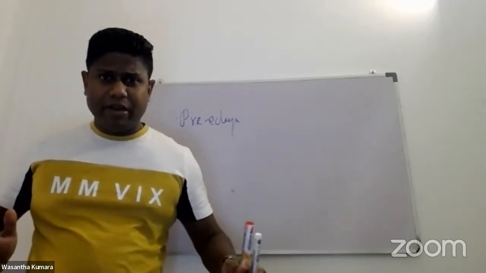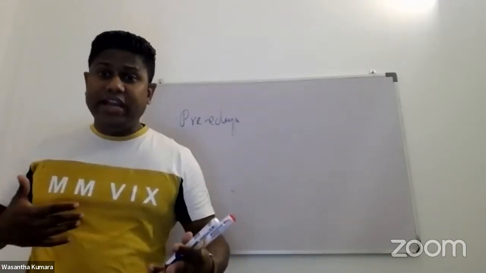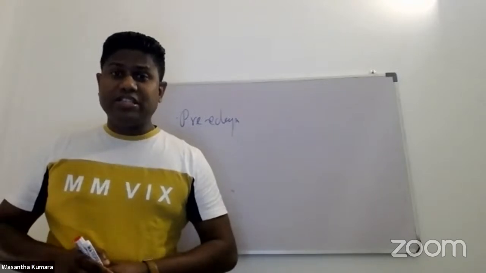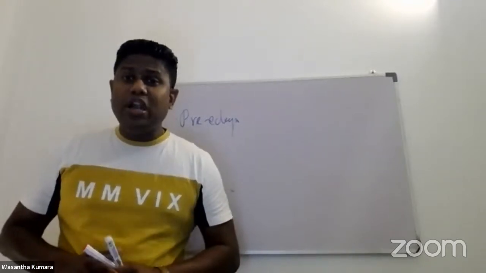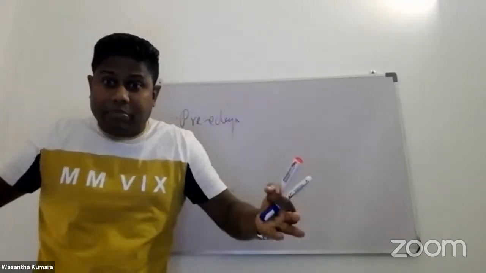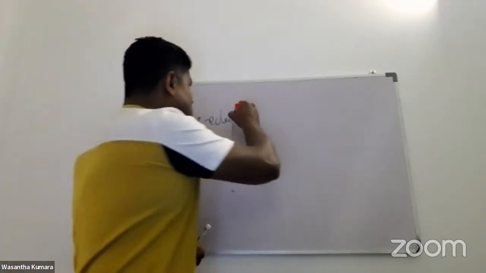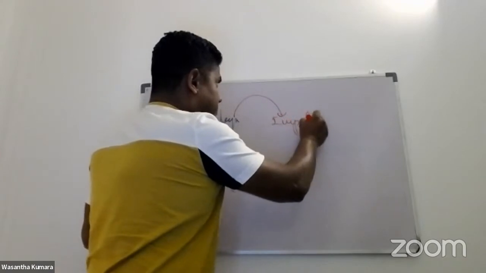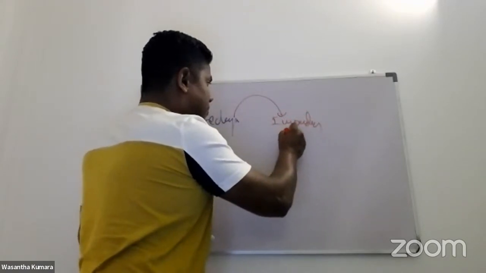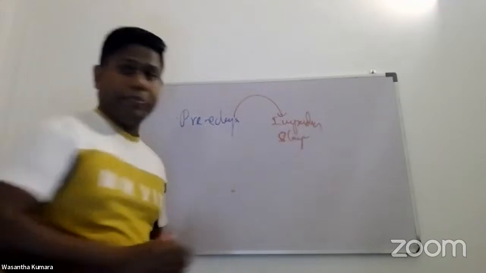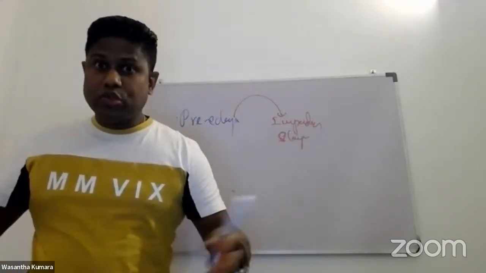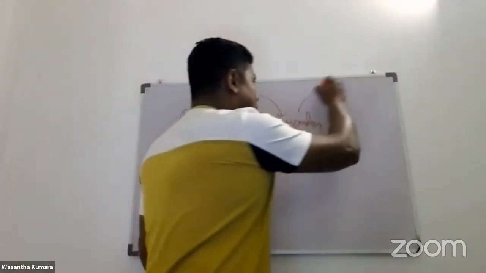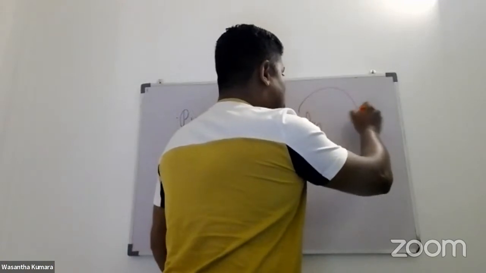They are not unstable. However, at one point, these preeclamptic patients can go into what is called impending eclampsia. That means they become so unstable. Then, soon afterwards, they can go into a more dangerous state that is called eclampsia.